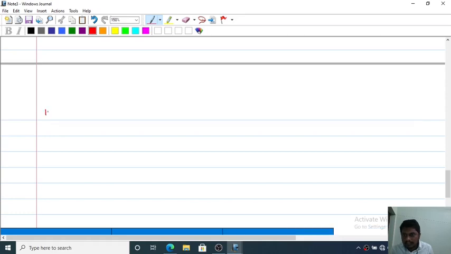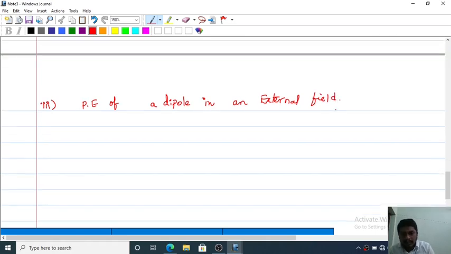Third one, an important one. Sorry, what is happening to the marker? Okay, third case: potential energy of a dipole in an external field.